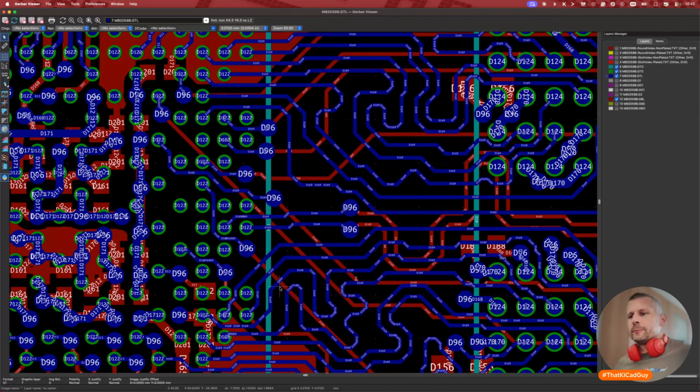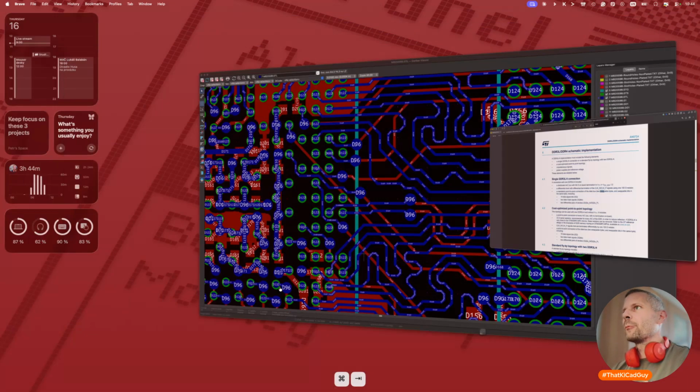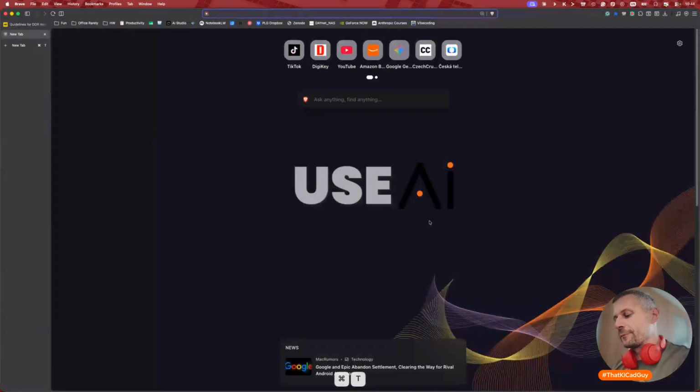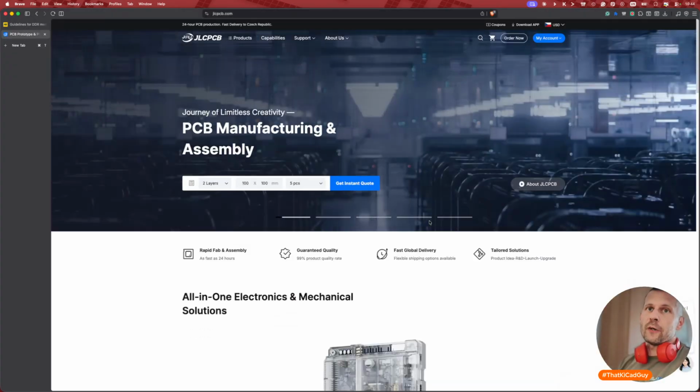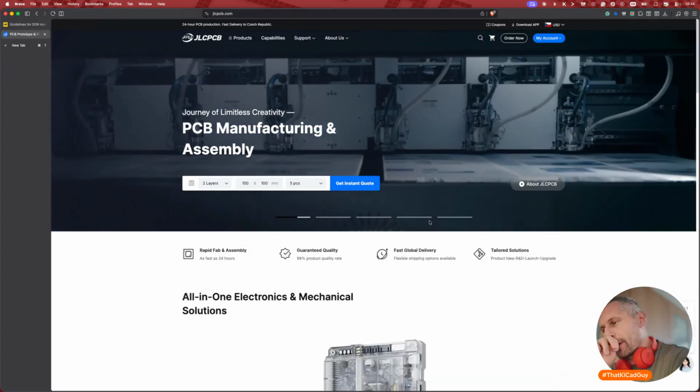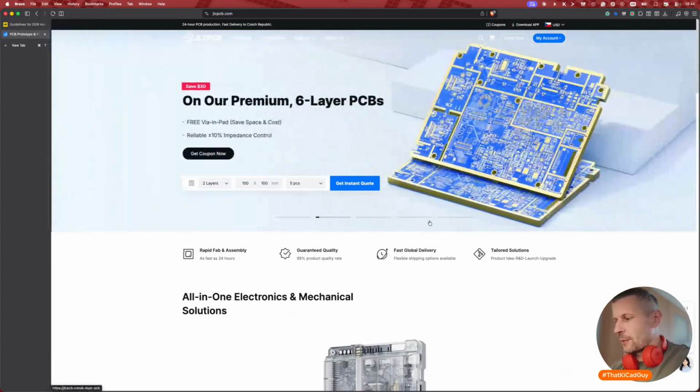Okay, so I need to find better numbers for our pairs. It means I need to find the differential pair parameters with the same thickness, the same track width.